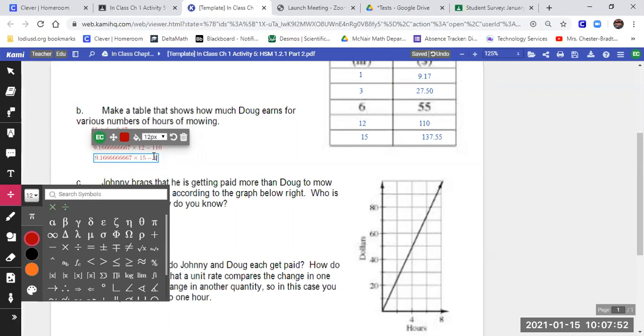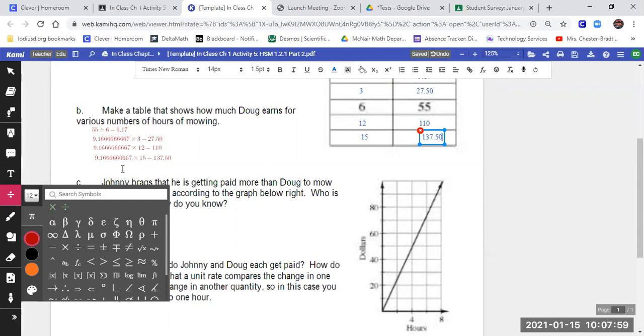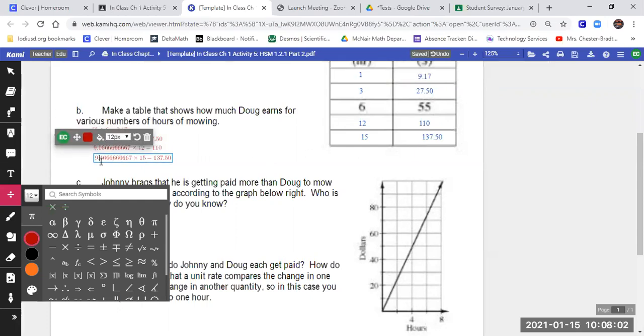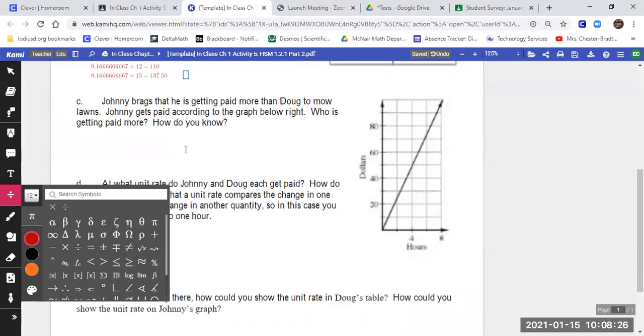It was 137.50, right? Not 55. Let me fix this. Okay, so you are showing me your work. Where are you getting the numbers on your table from? Yes, you are using your calculator to get the actual number, but you have to write on the paper what it is you did in the calculator. Okay, are we clear? Yes, I'm using the calculator to get me the final answer, but I have to write what I put in the calculator so I know where it came from. Okay.